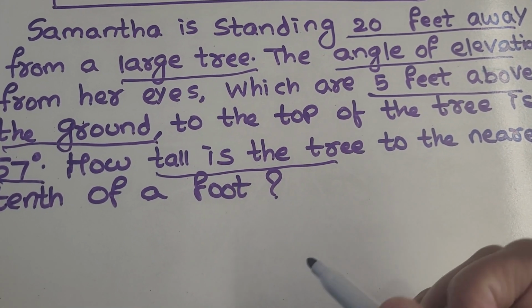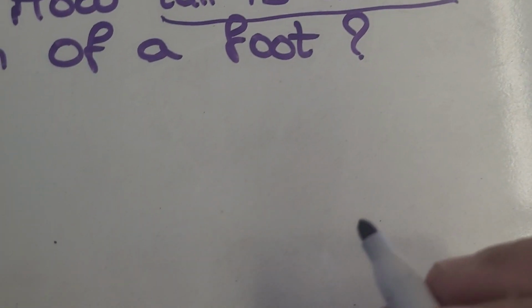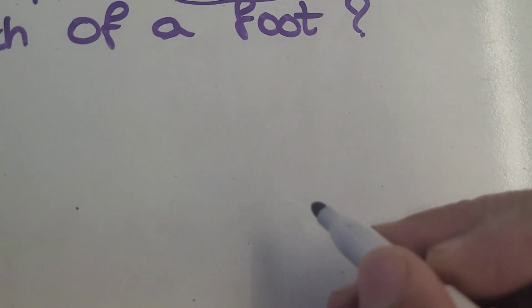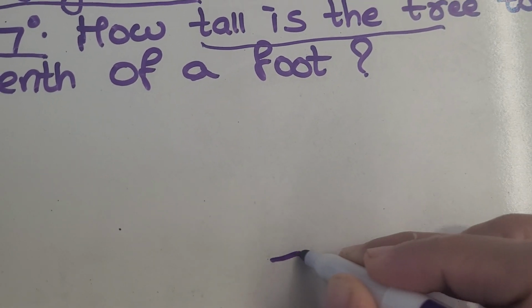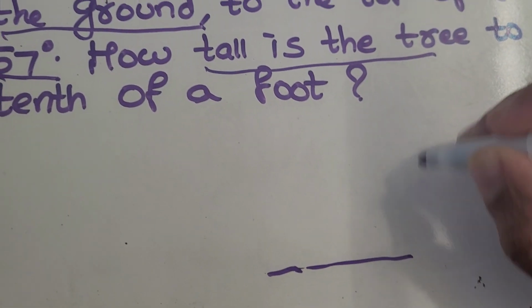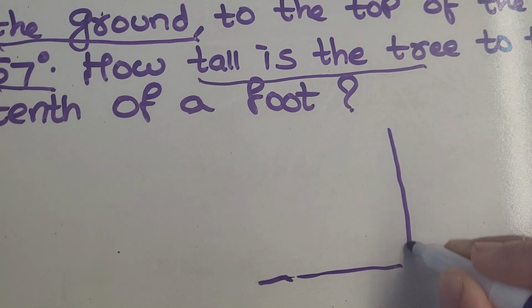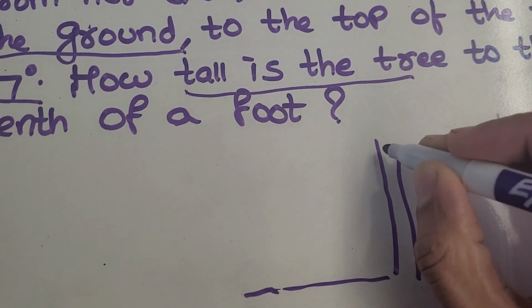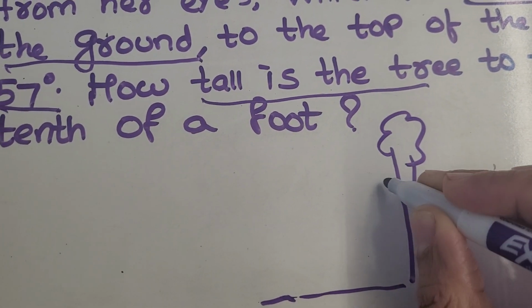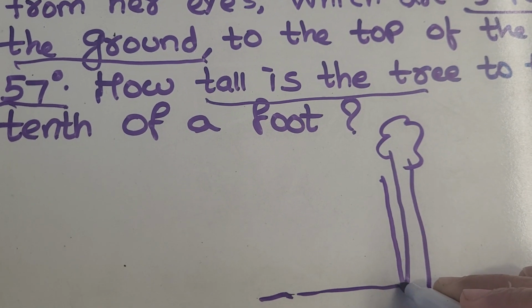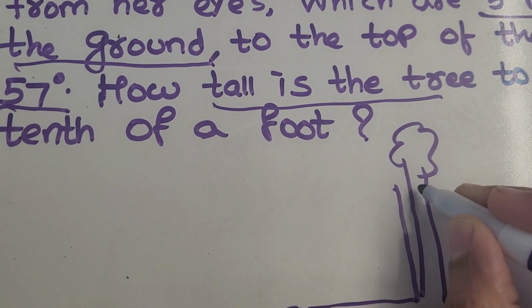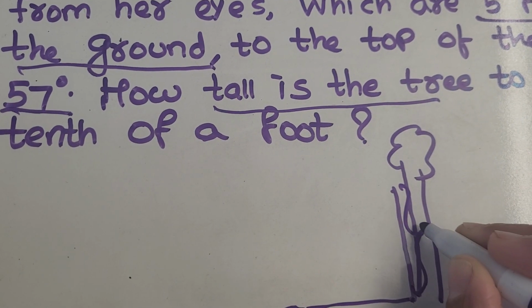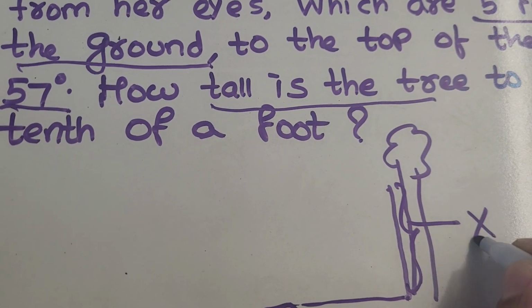So let's draw the figure for that. Here is how I'm going to draw it. Let's draw the ground here on the bottom, and let's think here is the tree. Let's say this is the height of the tree, and let's name this height as x.